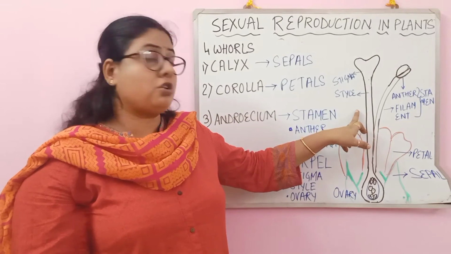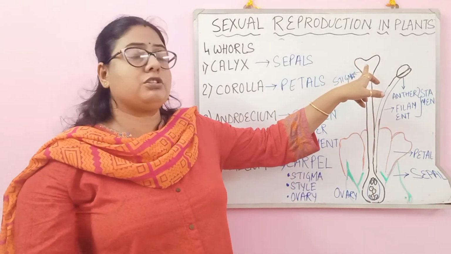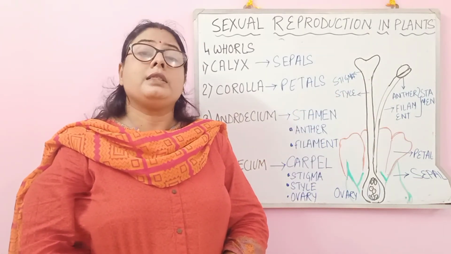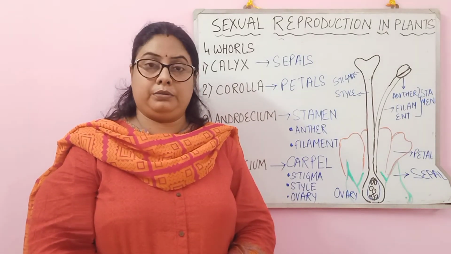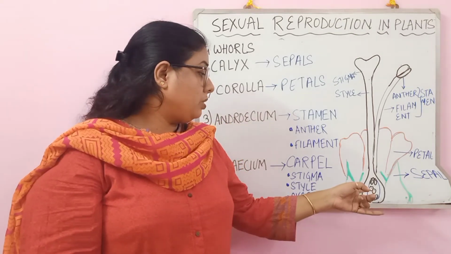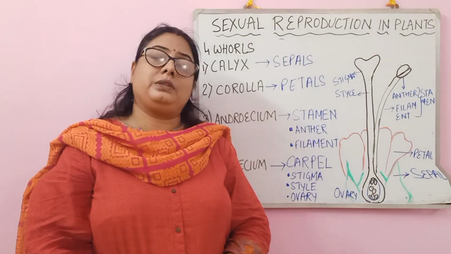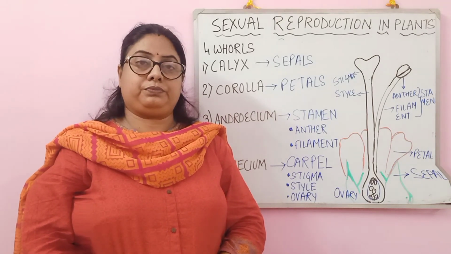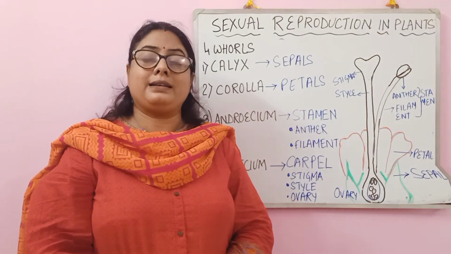Then a slender stalk-like style and a flattened structure at the stalk known as stigma. The stigma receives the pollen grain, which then passes through the style onto the ovary. Inside the ovary, it fuses with the egg and forms the zygote. How it is done, we will see in our next class.